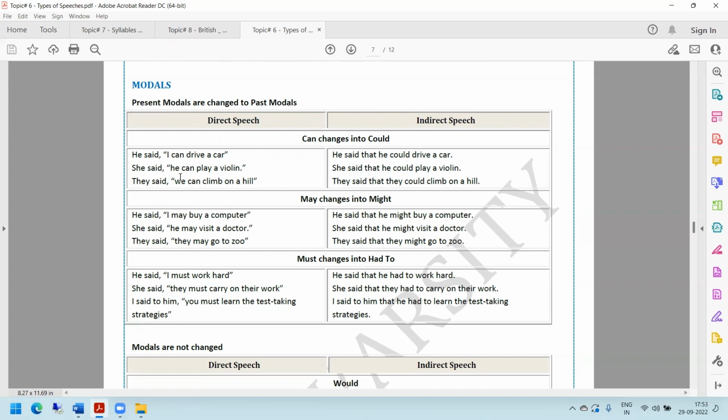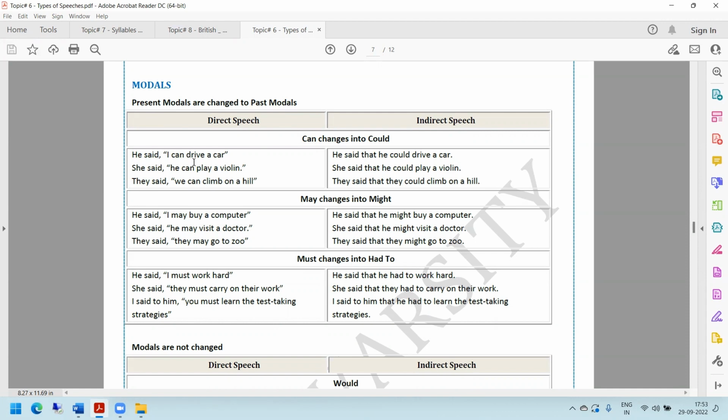So if it is direct speech, like he said, "I can drive a car," in indirect speech, he said that he could drive a car. So can is converted into could, because here present modals are changed to past modals. So this is present, can, could. The first form, and could is the second form, the past form.